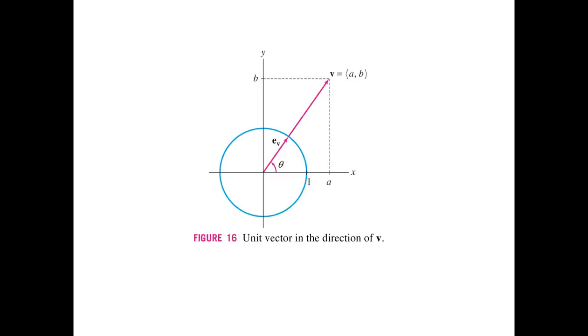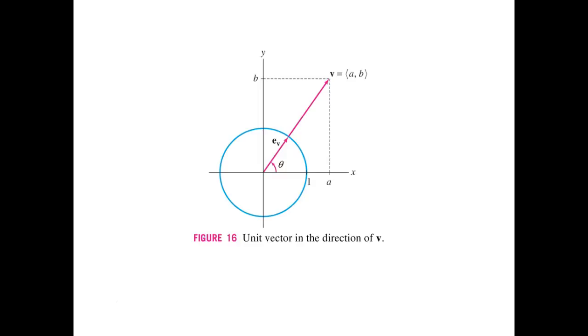We can always scale a non-zero vector v, (v1, v2), to obtain a unit vector pointing in the same direction. This is illustrating that last formula we had. Here's your vector v, the red arrow, having components a, b, obviously with magnitude greater than 1, because the circle that would have formed would be much larger than your unit circle.